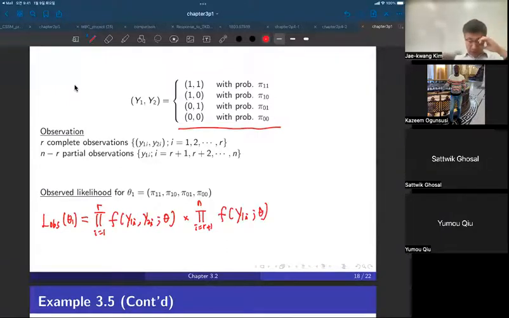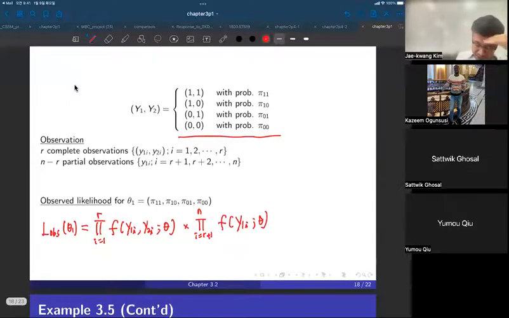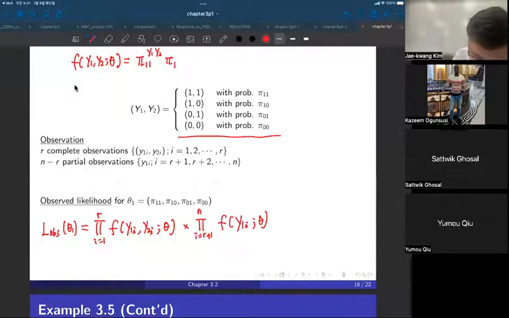Okay. And then what is this, by the way? So what is the joint density? Well, you have 4 possible values. So pi 1,1, you have y1 times y2. Pi 1,0, you have y1 and 1 minus y2.